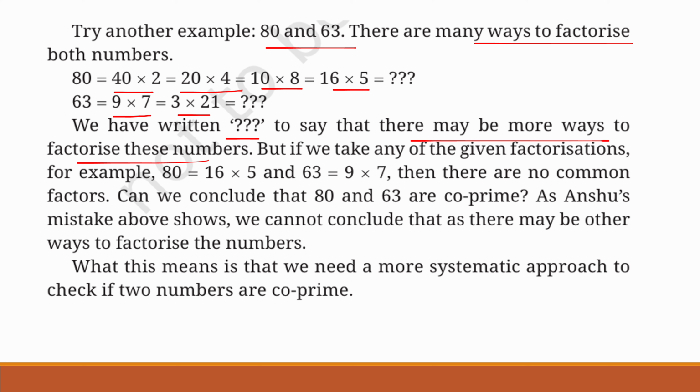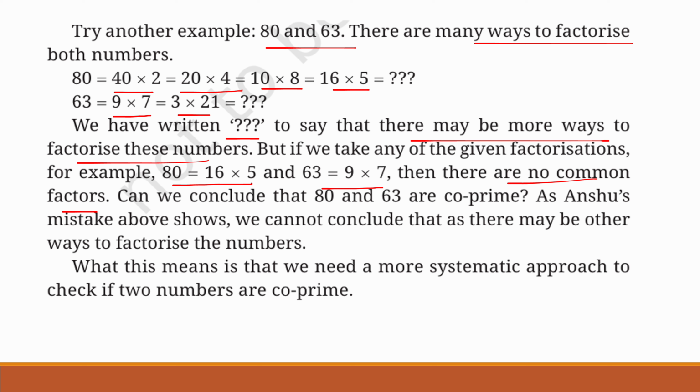But if we take any of the given factorizations, for example, 80 equal to 16 into 5 and 63 equal to 9 into 7, then there are no common factors. Can we conclude that 80 and 63 are co-prime?